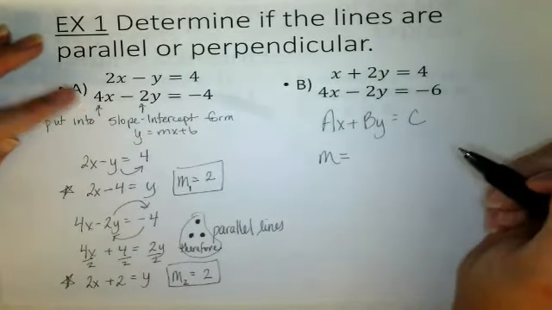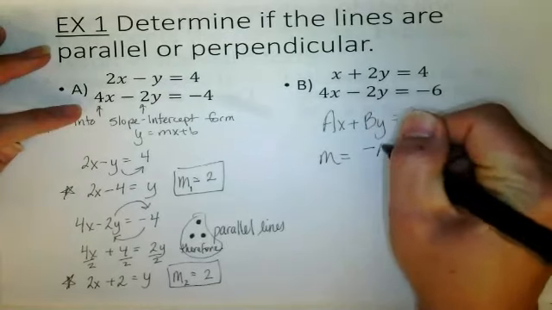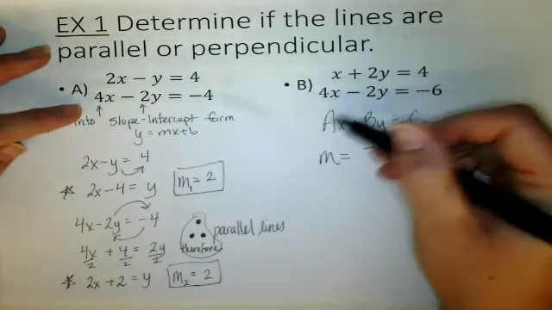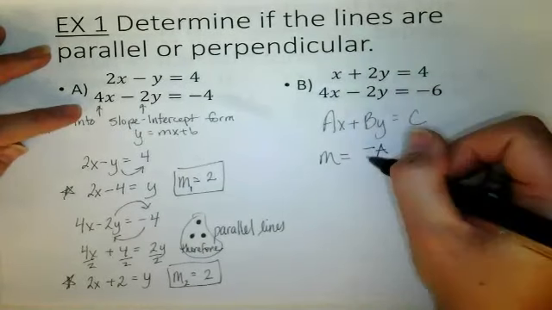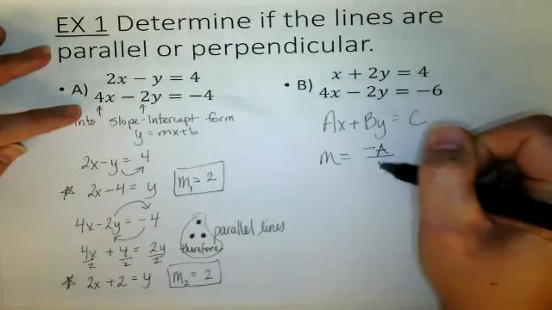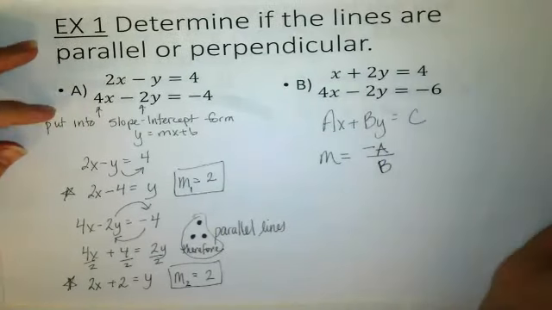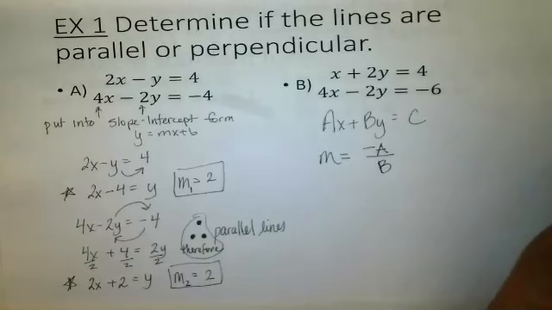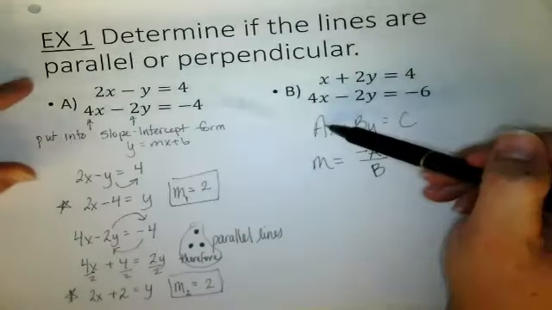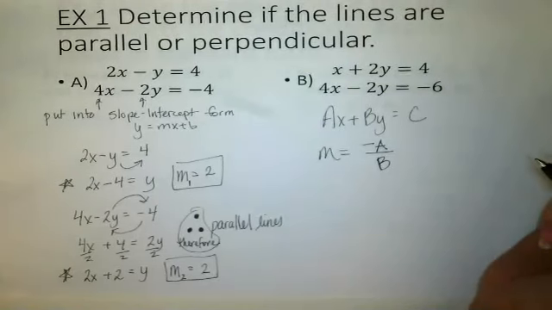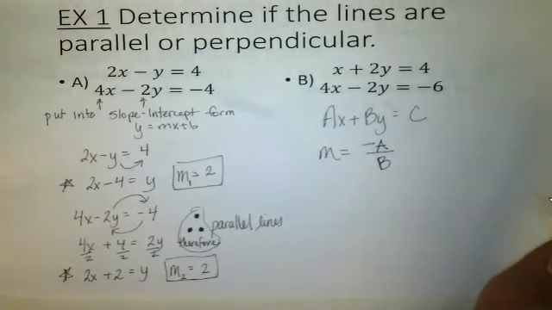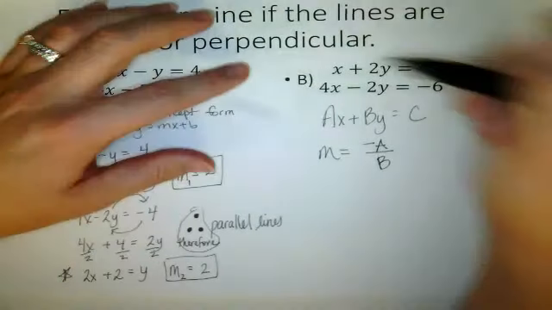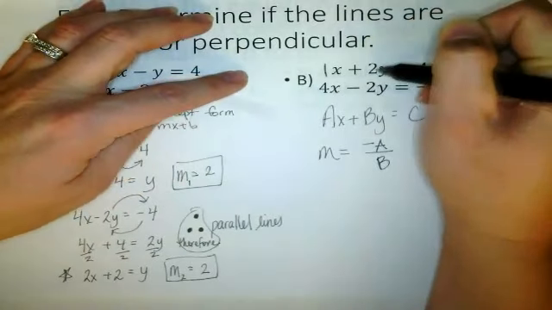So we would move the a over to the other side, and then we would divide it by b. Actually, when you're in standard form, if you wanted to find the slope, it's just the opposite of the a value divided by the b value. So with that knowledge, our a is 1 and our b is 2.